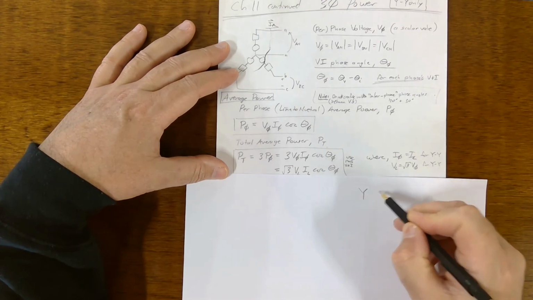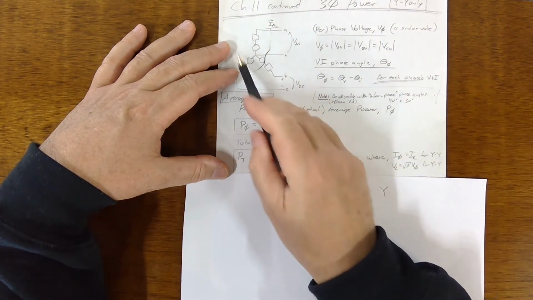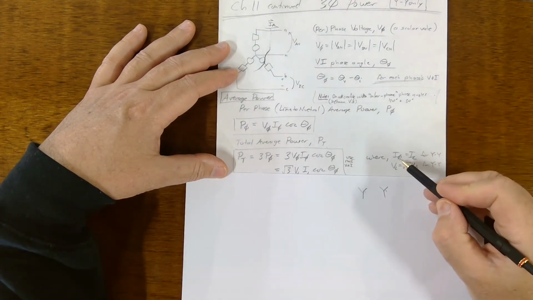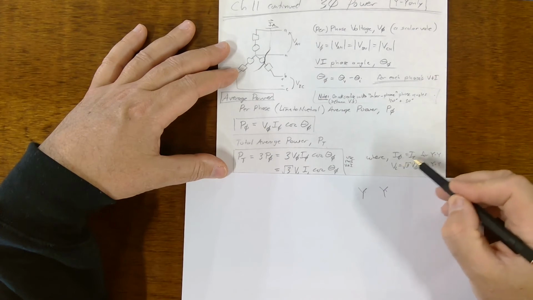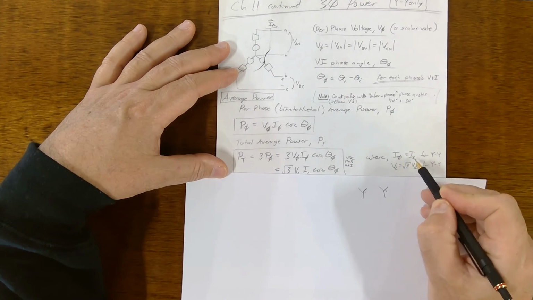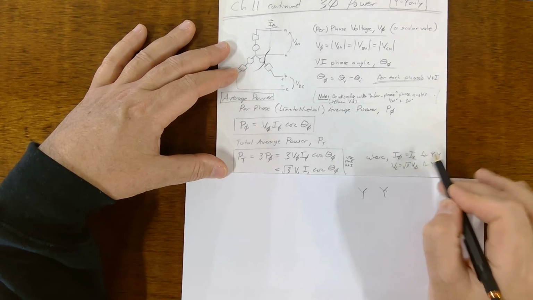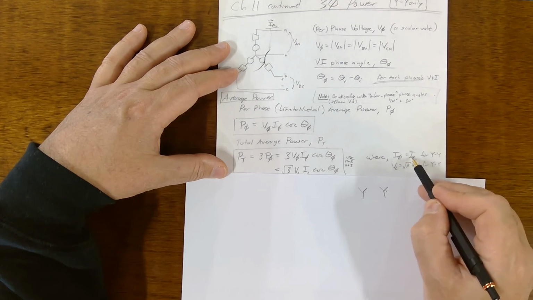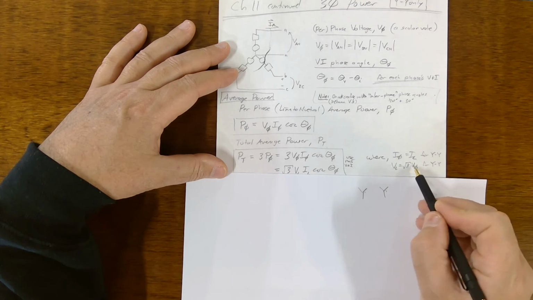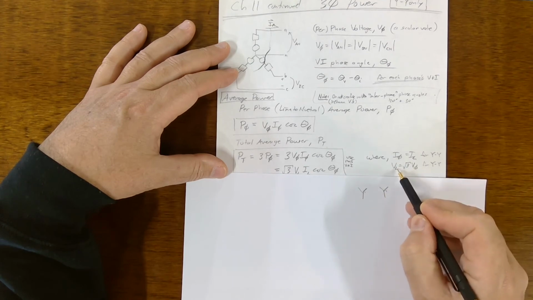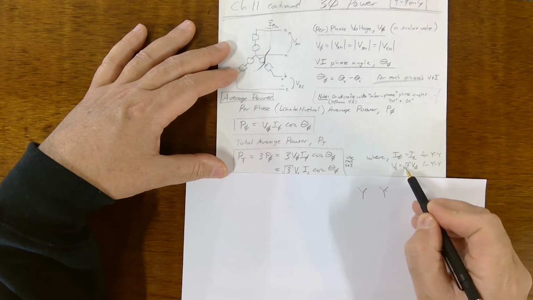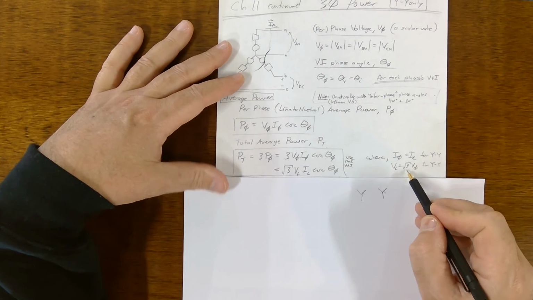So let's see. We're just doing Y. So the source is a Y and the load is a Y. If that's the case, then there's only one current per phase. So the phase current and the line current are the same thing. But for a YY connected load, which is what we're doing, the phase voltage and the line voltage have this root 3 difference in there.